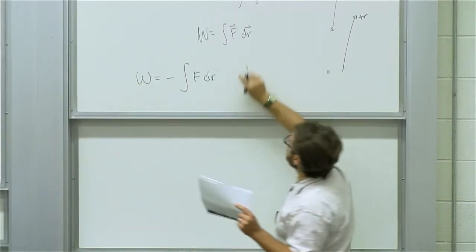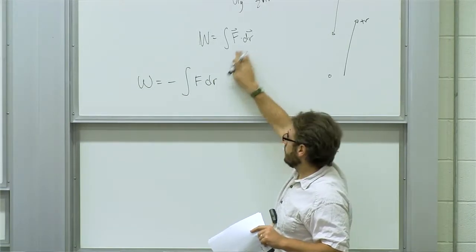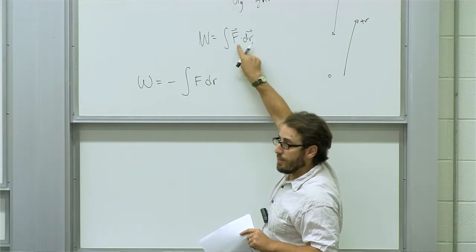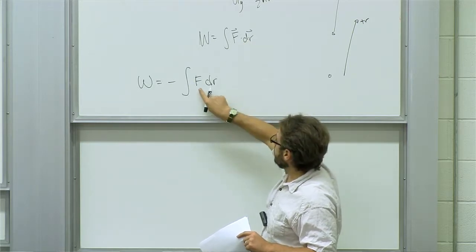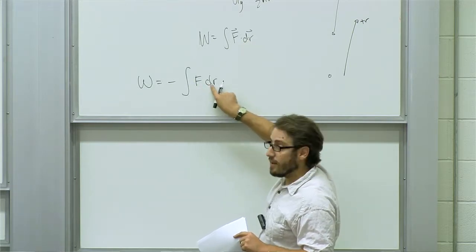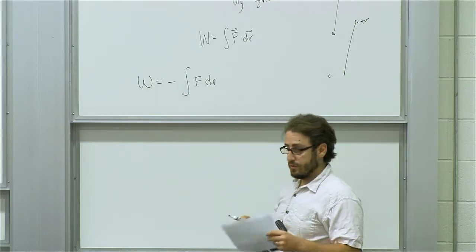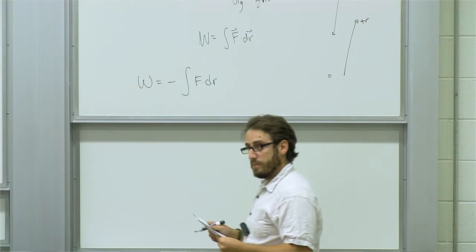Now I've gone from a vector equation to a one-dimensional equation. I've said these two vectors point in opposite directions. And so here I'm just writing scalars, and I put a negative sign to reflect the fact that the vectors are in opposite directions. Okay?